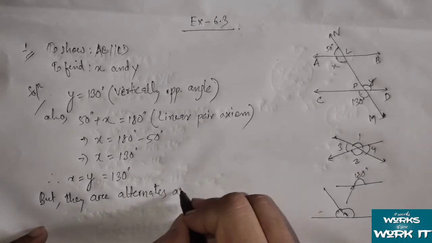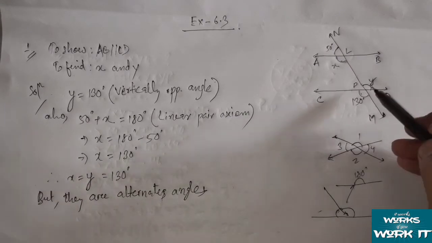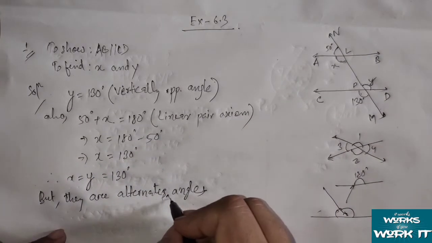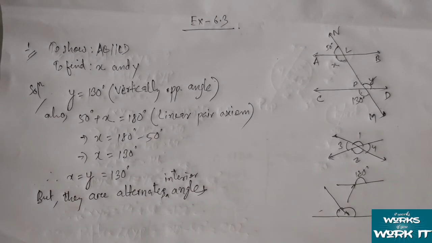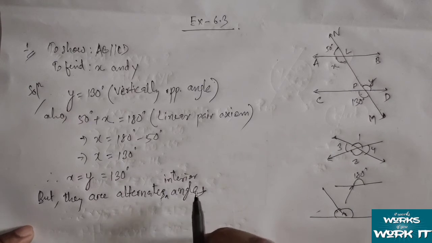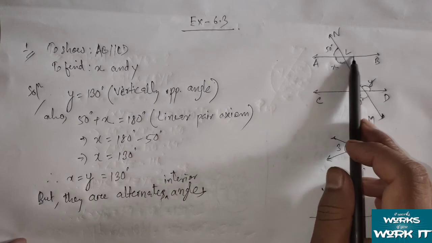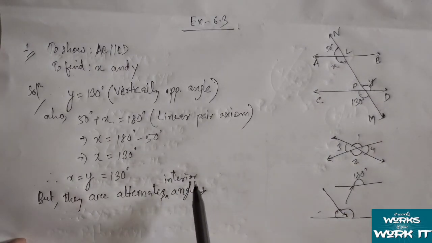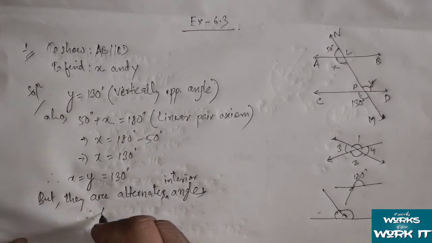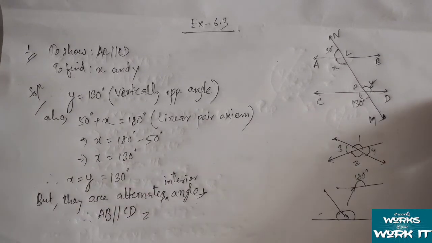So here I can write they are alternate interior angles. I can use the word interior because there is also another kind, alternate exterior angles. They are inside the lines, so that's why they become alternate interior angles. Now if they are alternate angles and they are equal, then directly we can write that AB is parallel to CD. So this is our solution for question number 1.